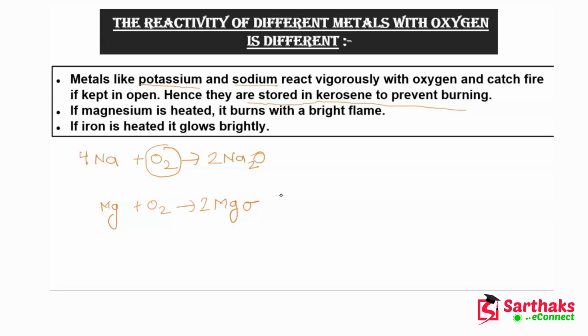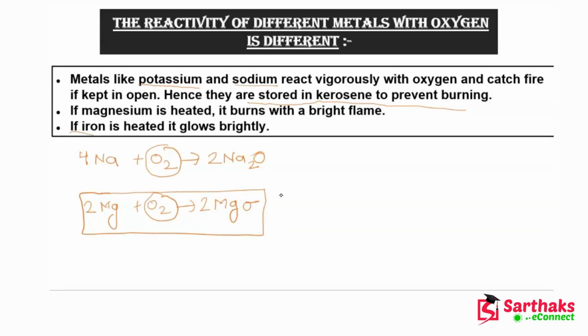Now you can see oxygen is balanced on both sides, but magnesium is not balanced. So if I multiply here with 2, now this equation is completely balanced, because on both sides all the atoms are equal. Here 2 magnesium atoms are present, here also there are 2 magnesium, here 2 oxygen atoms are present, here also there are 2 oxygen atoms. I hope guys this point is also clear.